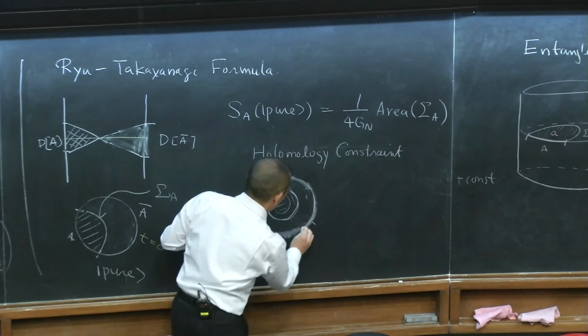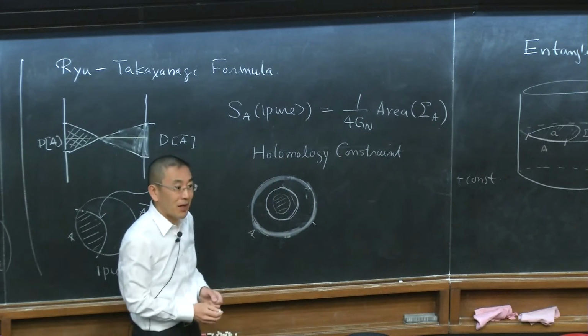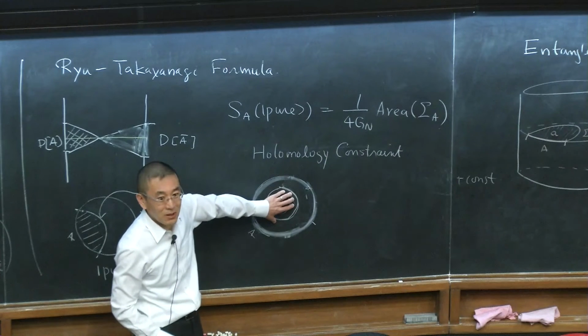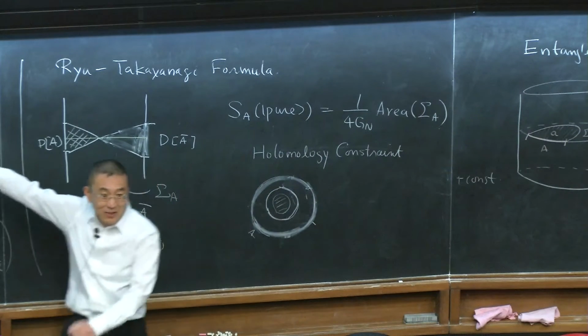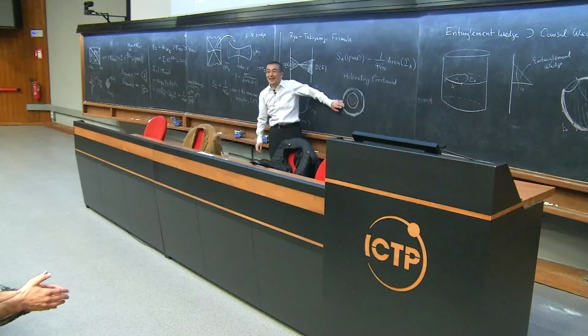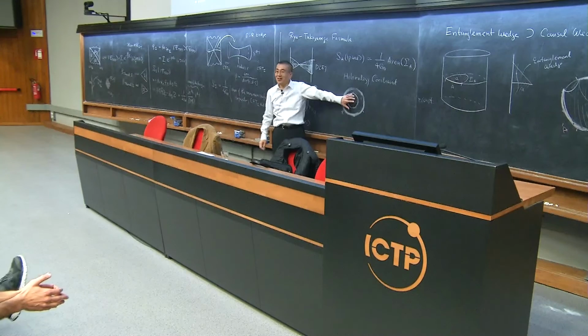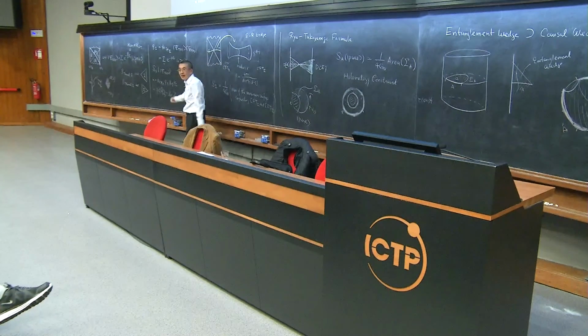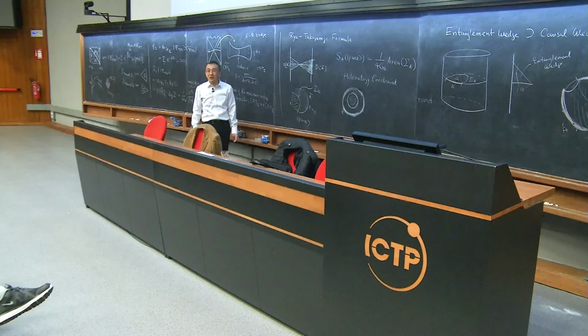So that means that when A covers the entire boundary, then the Ryu-Takayanagi surface in this case will be the horizon itself. And that's the correct answer, because the entanglement entropy for the entire region is the Bekenstein-Hawking entropy, as we calculated over here. And so this gives rise to the correct answer.